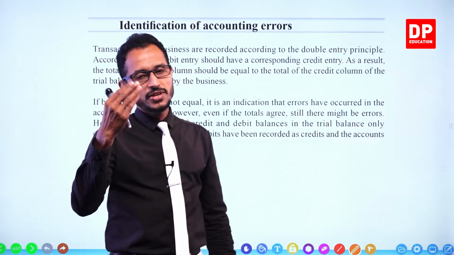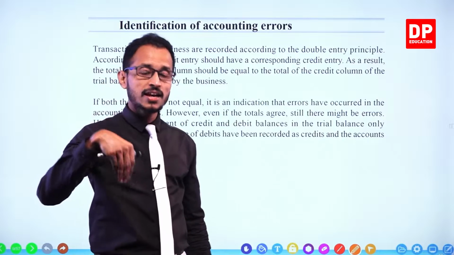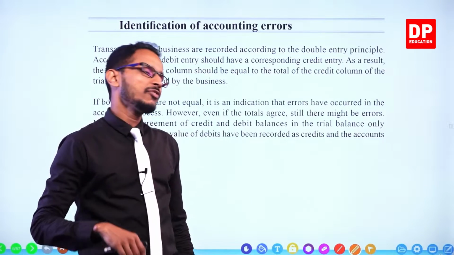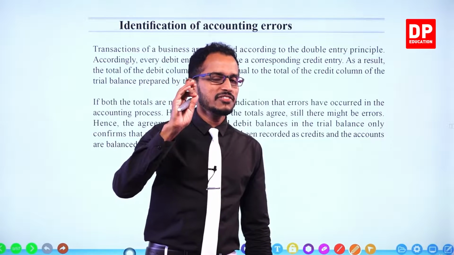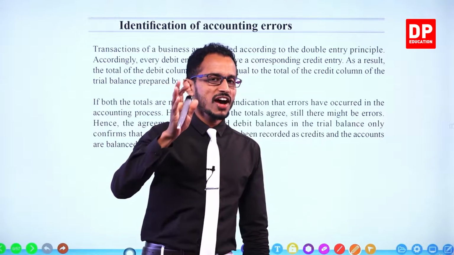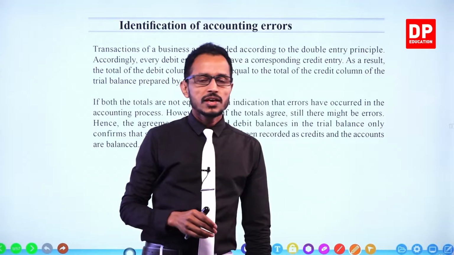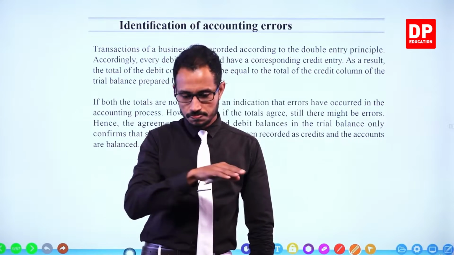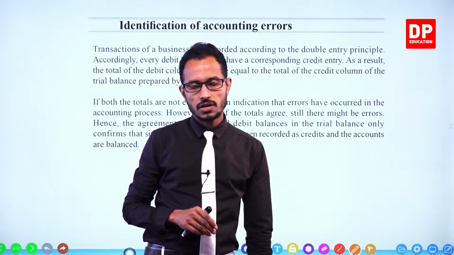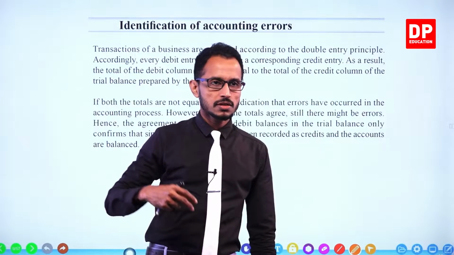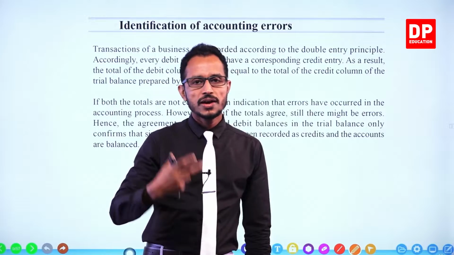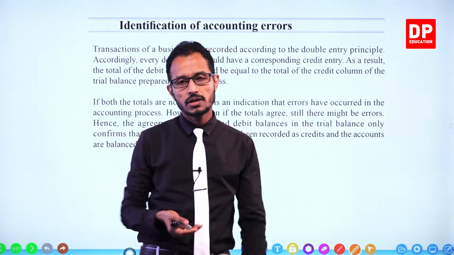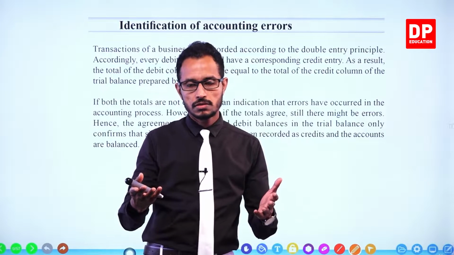If you didn't watch that video, I advise you to go and watch that video and then come back and watch this, because in order to identify errors, you have to have the base knowledge of accounting errors, the basics about errors and how and where errors occur.